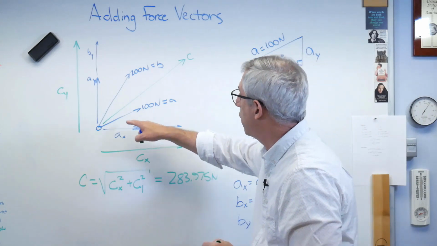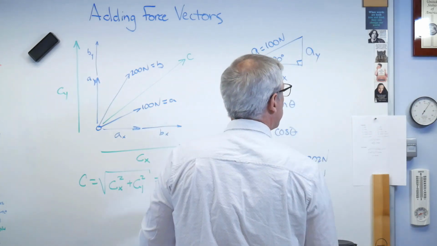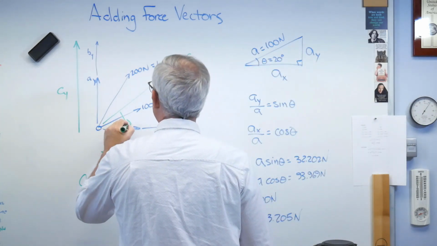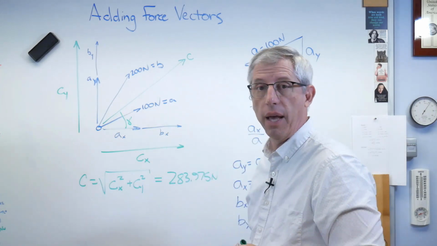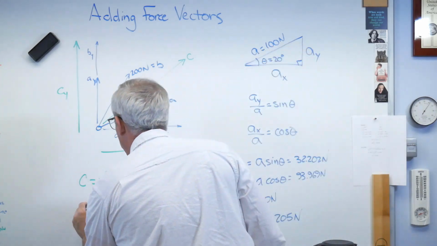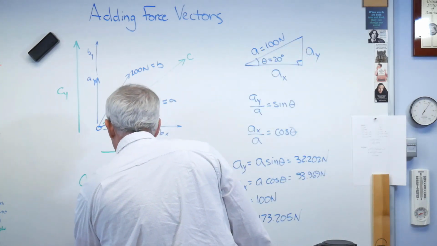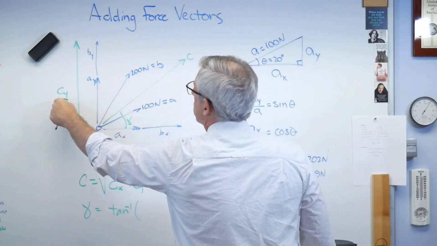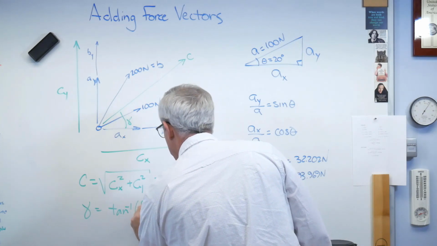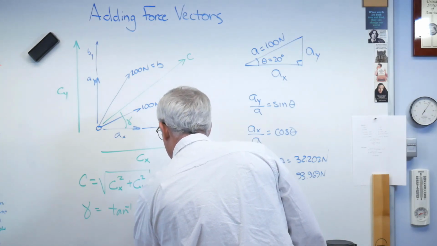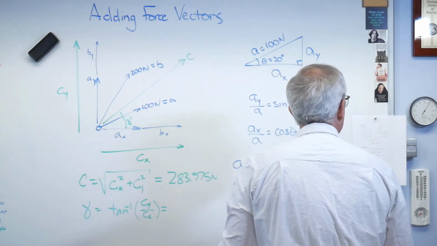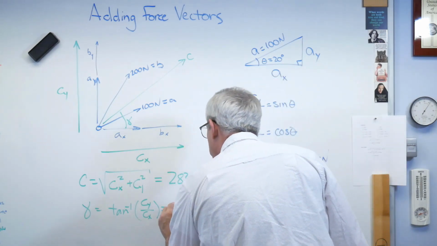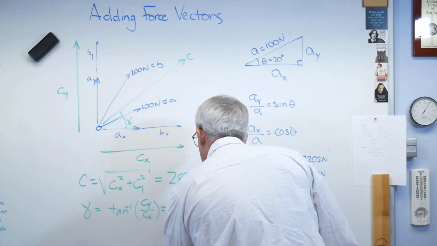Well, if I want to know the direction here, and what did I decide to call that? Gamma, I think, on my notes. If gamma is the angle at which that force is acting, that's just the inverse tangent of CY over CX. And if you work that out, you get, let's see, 46.918 degrees.